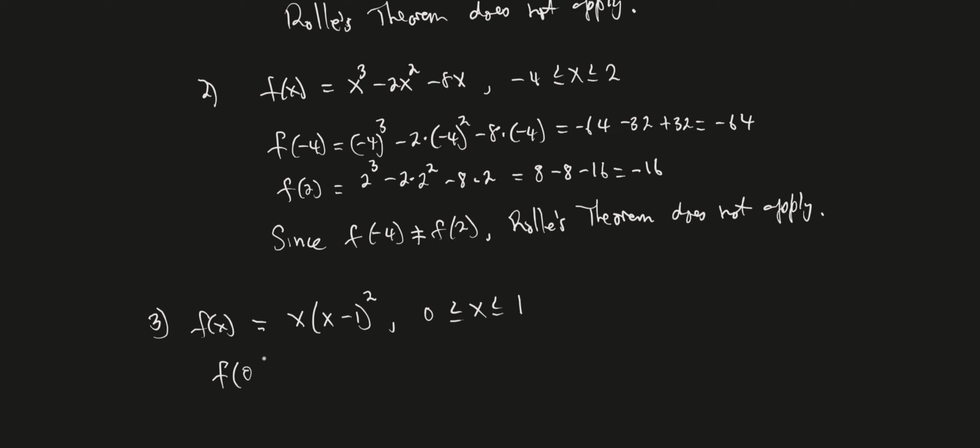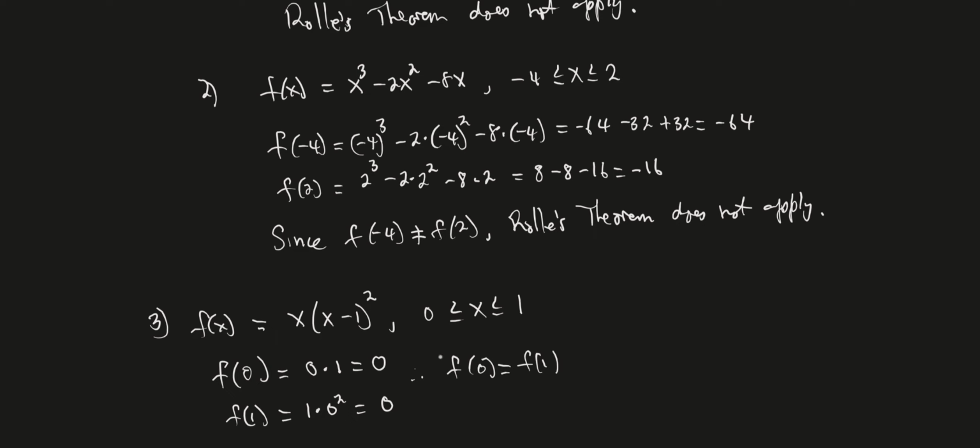That's simple algebra. So if we evaluate the function at x equals 0, we're going to have 0 times 1, so that's equal to 0. If we evaluate the function at 1, we're going to have 1 times 0 squared, which is 0. So therefore, f of 0 is equal to f of 1.